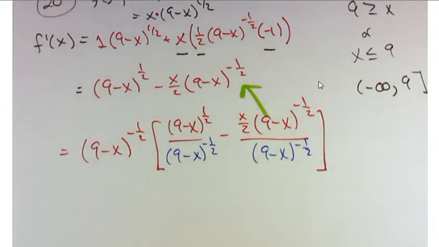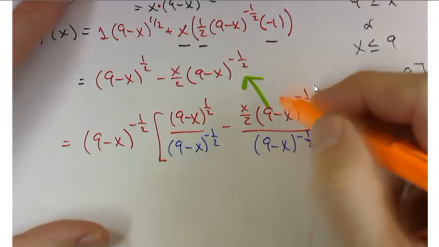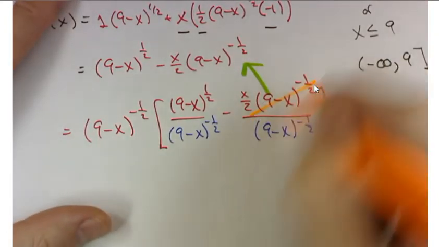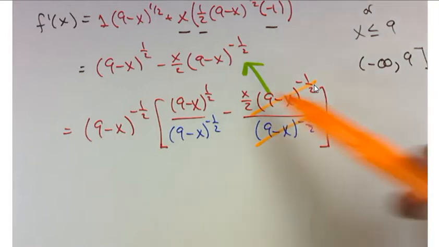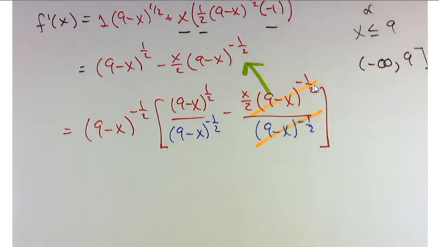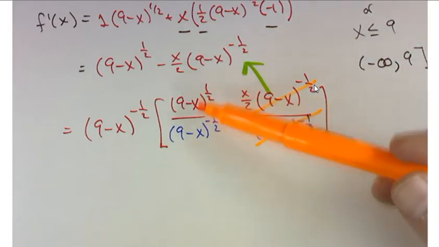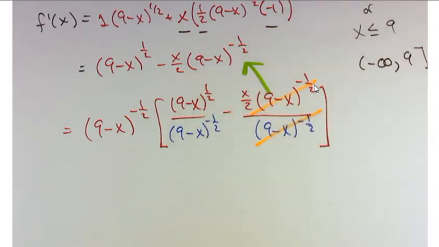All right, yeah, the second of these terms has some nice simplification in store for us, right? This whole thing disappears. All you're left with is minus x over 2. Now, what's going to happen with these two terms? Well, one thing you should notice is that they have the same base.